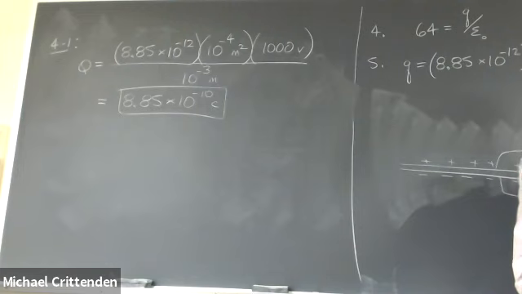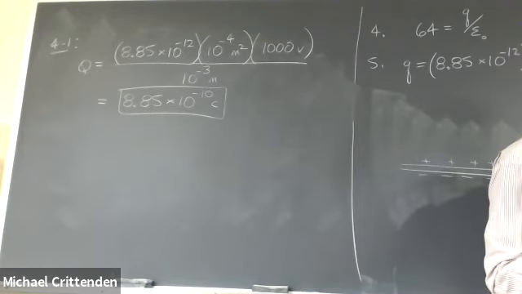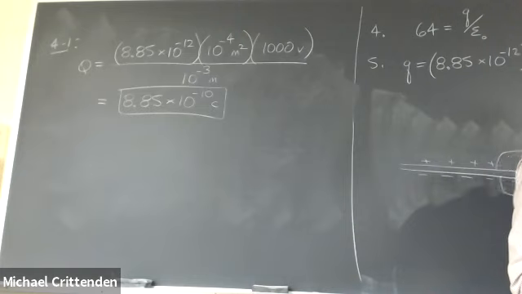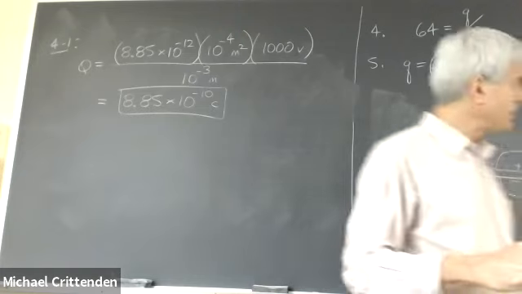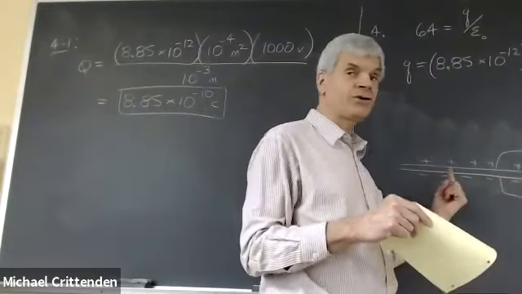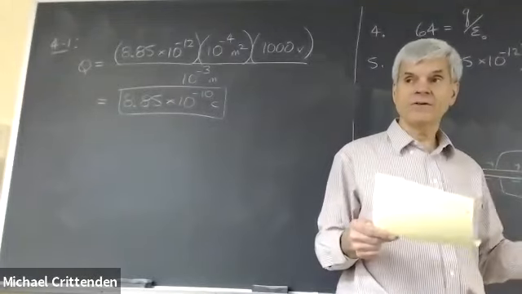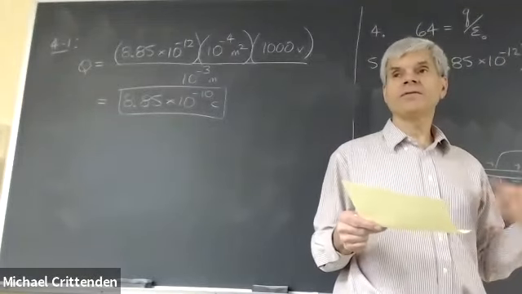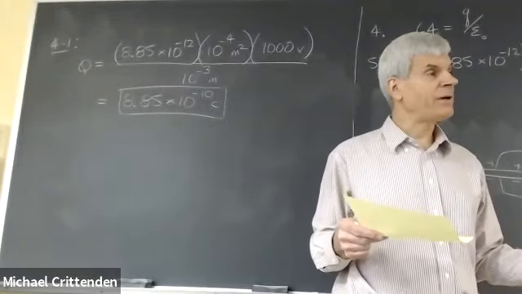But if you go back over here to where it said Q equals epsilon naught A over D times delta V. Well, for any capacitor, you're going to have that same general kind of thing where Q equals some number times delta V, because twice as much voltage can shove twice as much charge into the capacitor. 3 times as much voltage can shove 3 times as much charge into the capacitor.